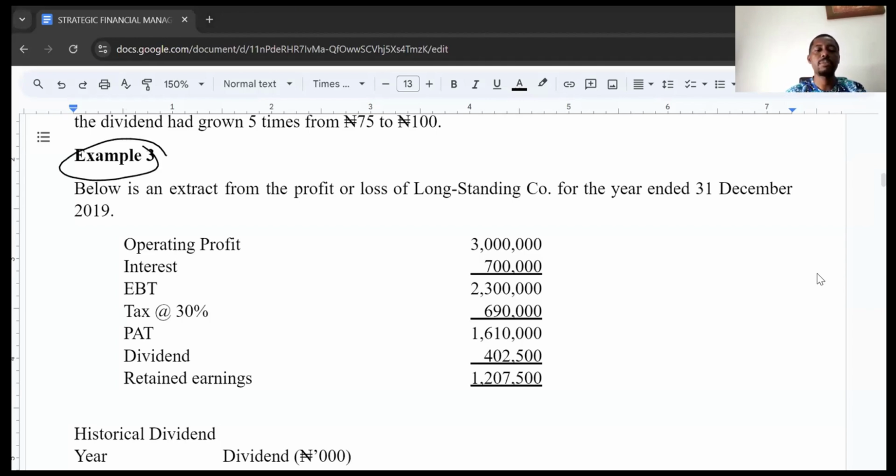Below is an extract from the profit or loss of Long-standing Co for the year ended 31 December 2019. So this is the operating profits, interest, earnings before tax, dividend.